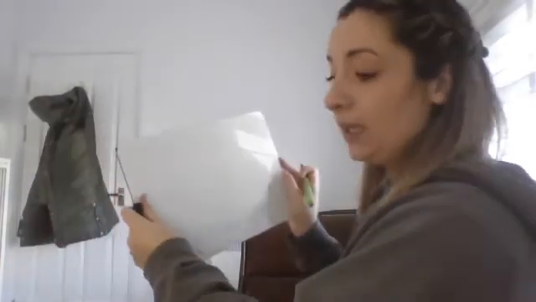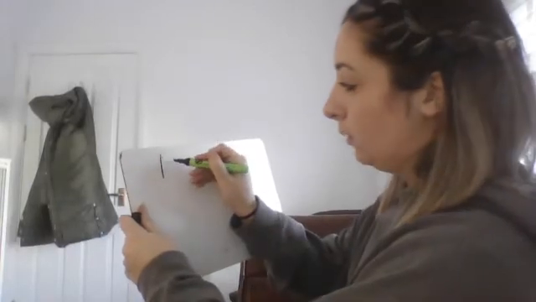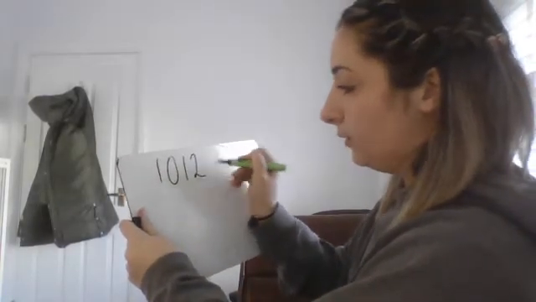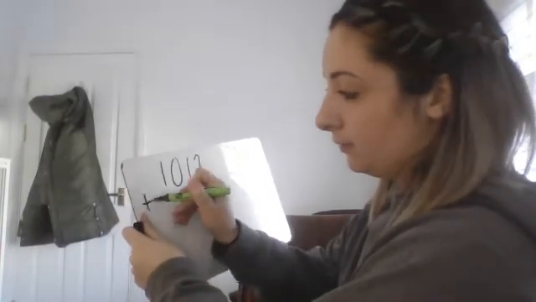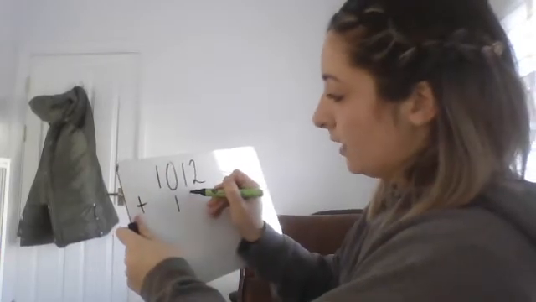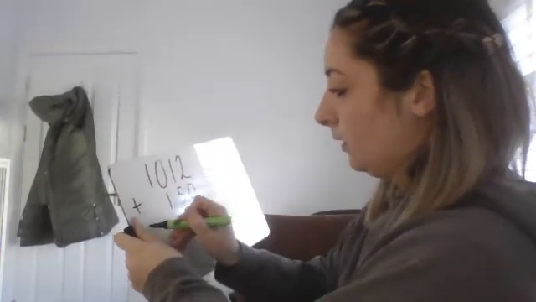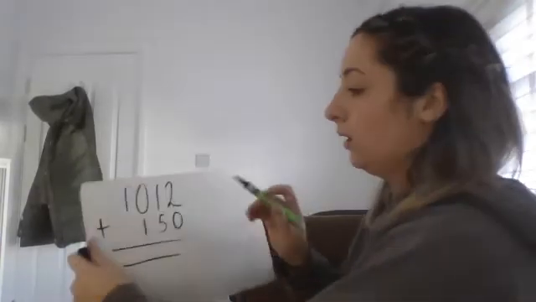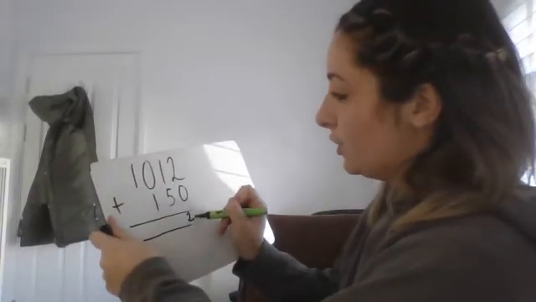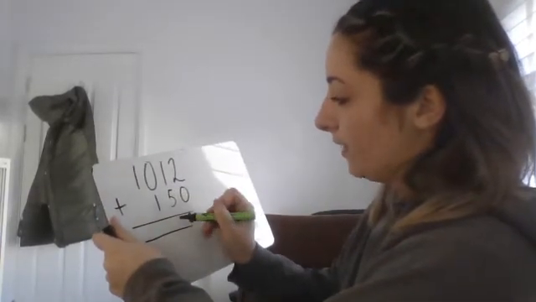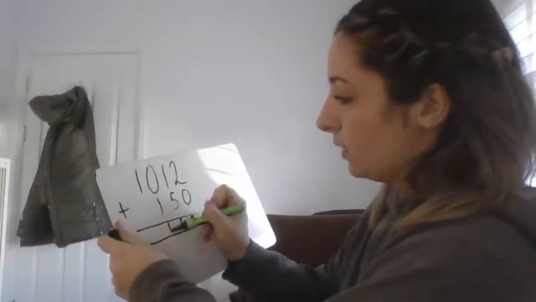So on my whiteboard, I'm going to do it here. I've got 1,112. I'm going to add 150 equals sign. Okay, 2 add 0 is 2. 1 add 5 is 6. 0 add 1 is 1.